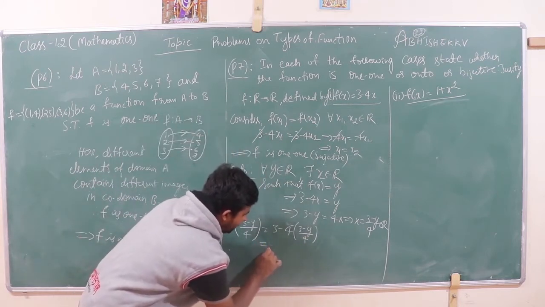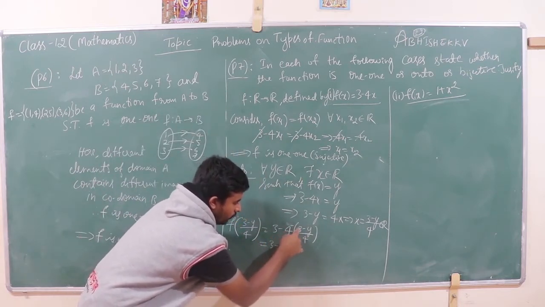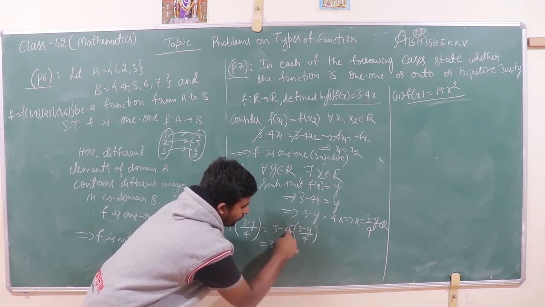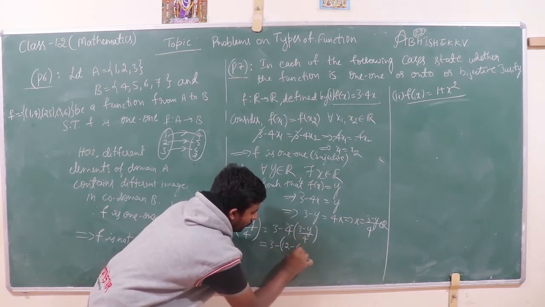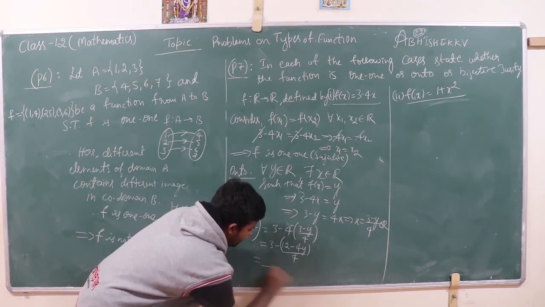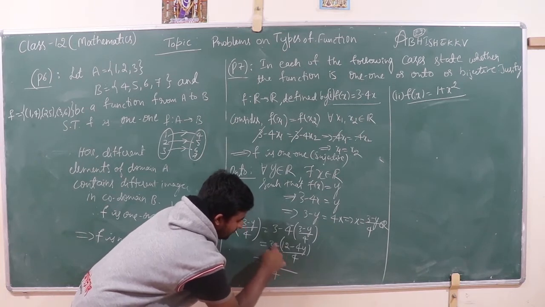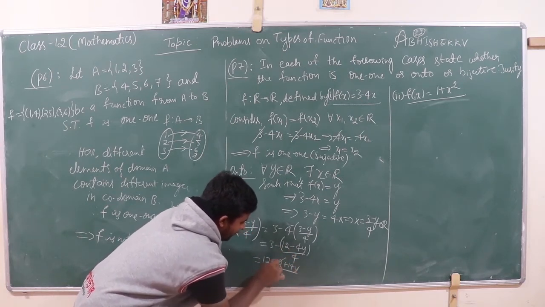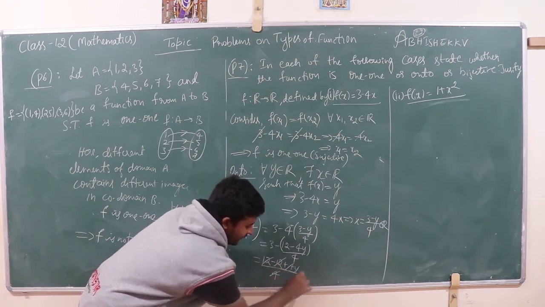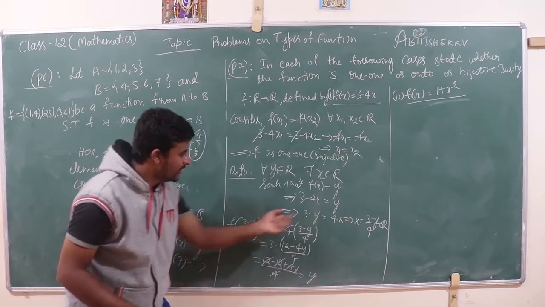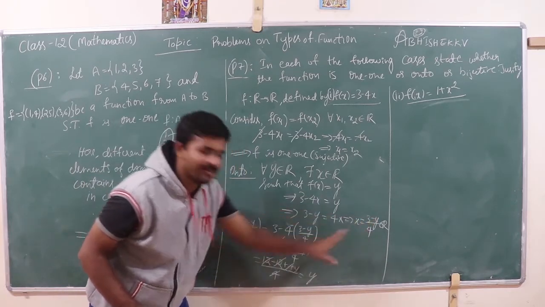Open the bracket. This implies 3 minus 4 times (3 minus y) divided by 4. Take 4 as LCM. 4 times 3 is 12. Minus into minus, plus 4y. The plus 12 and minus 12 get cancelled, the 4 gets cancelled. What we have? Therefore, f of x is equal to y. What is x? We already found out, x is equal to (3 minus y) by 4.